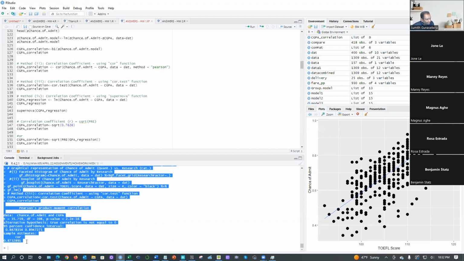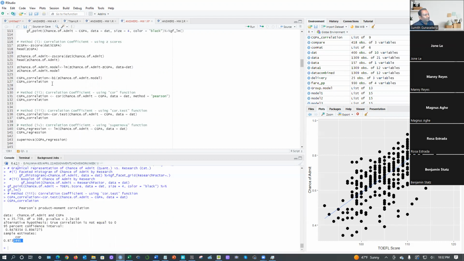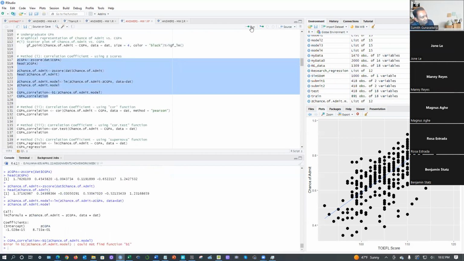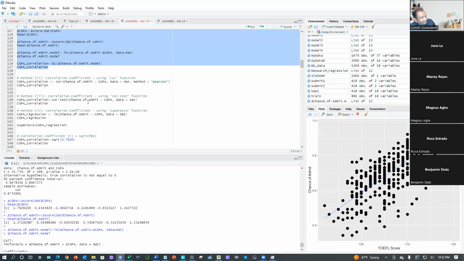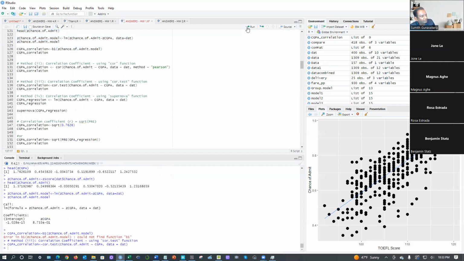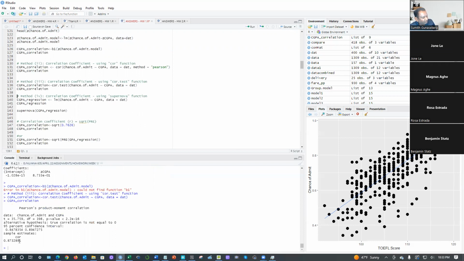That's the value for the correlation, because that's the same value you're going to get from running the cor function. This one, 0.87. That's the same thing you got from running that cor test, 0.8732. Same value.